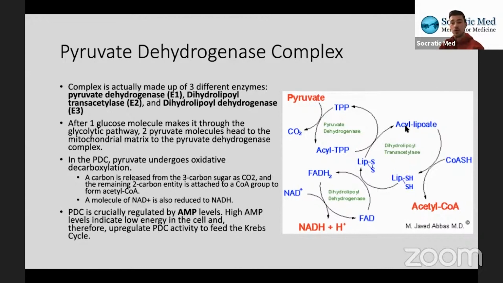So it takes that 2-carbon chain, it takes the CoASH, which is just an abbreviation for coenzyme A. It has a thiol group, this sulfur right over here, and that's pretty important especially in terms of thiolysis, which we'll talk about in a little bit. But the second part of the complex, E2, is where the acetyl-CoA is released. And then the third part of the complex is where we take NAD+, add an extra H and an electron, and we get NADH and a proton.